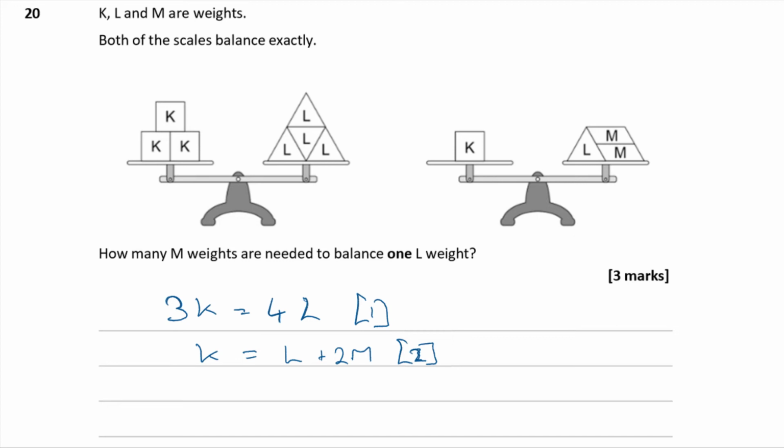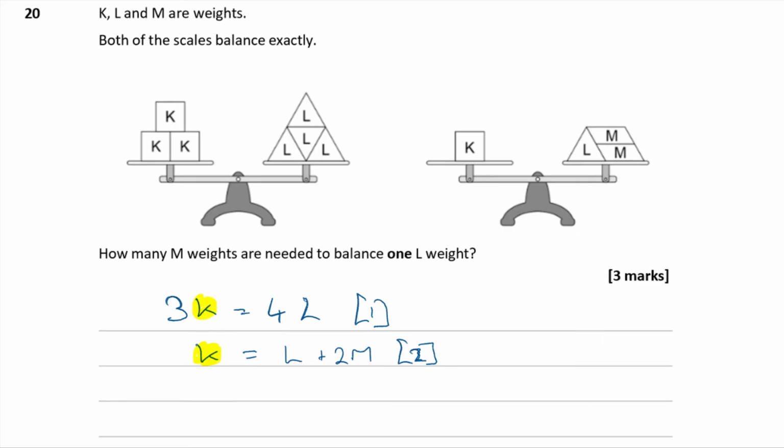So I've got 2 equations, currently 3 unknowns. What I want to do is come up with an equation that has M's and L's in it. In other words, I need to eliminate K. You can see I've got a K here and a K here.